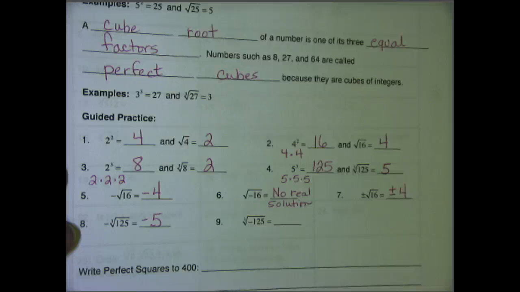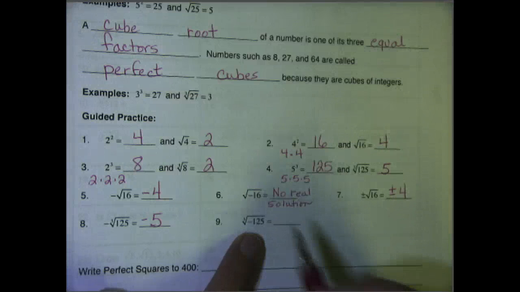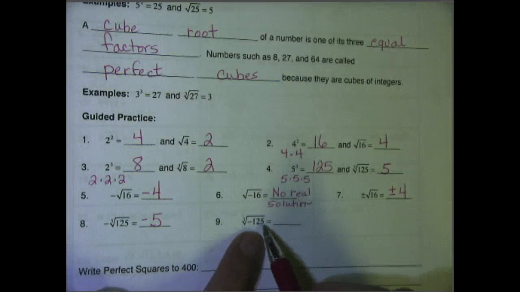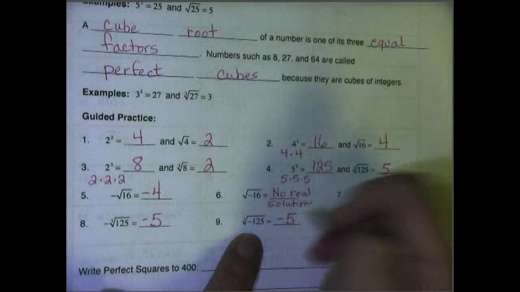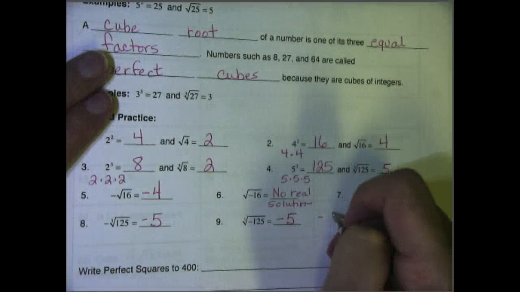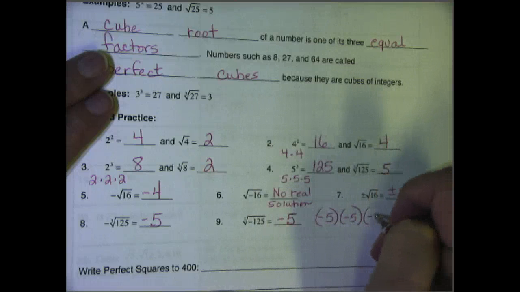Number 9, recall that you can take the cube root of a negative number. We know the cube root of 125 is 5. The cube root of negative 125 is negative 5. If you work it out, you get negative 5 times negative 5 times negative 5.